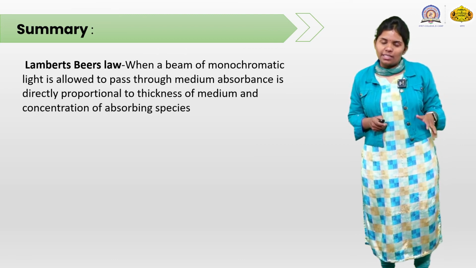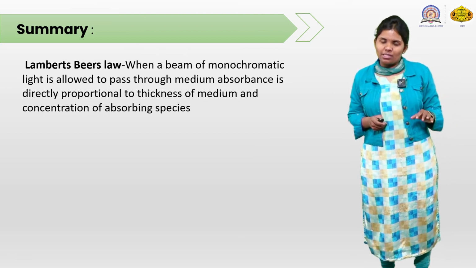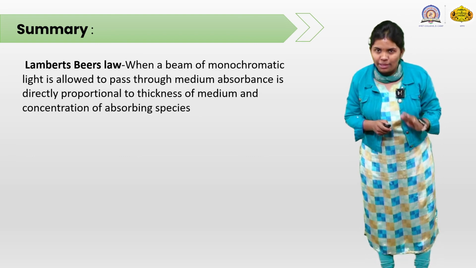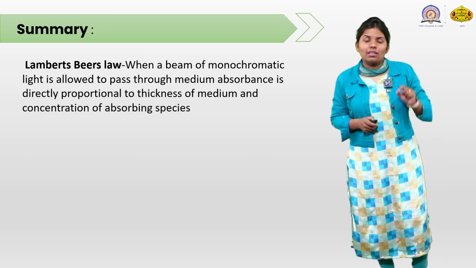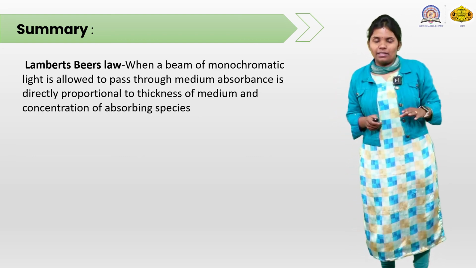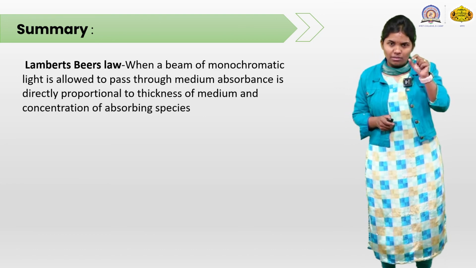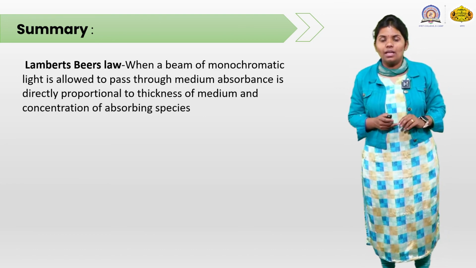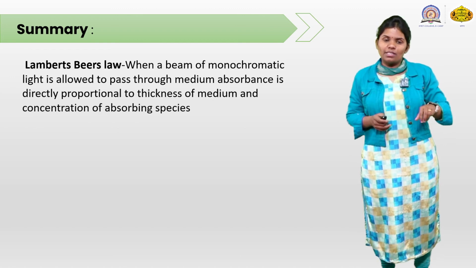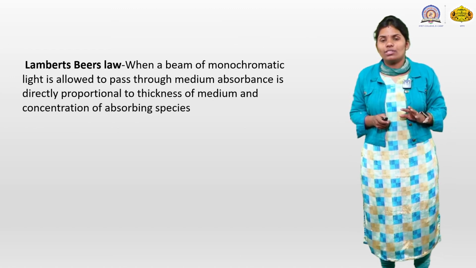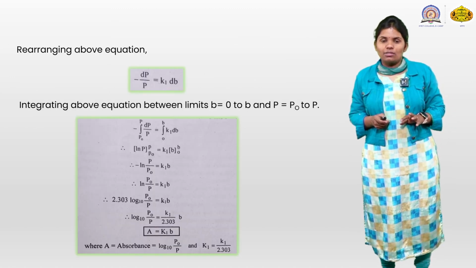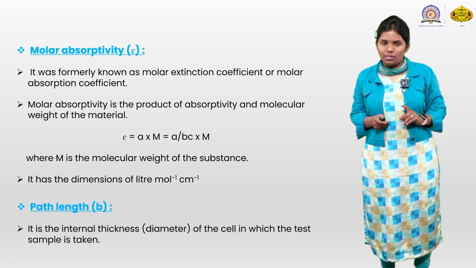Lambert states that the absorbance is directly proportional to the thickness of the medium, which is the thickness of the cuvette you used in your practical. Beer's law states the absorbance is directly proportional to the concentration of the absorbing species.